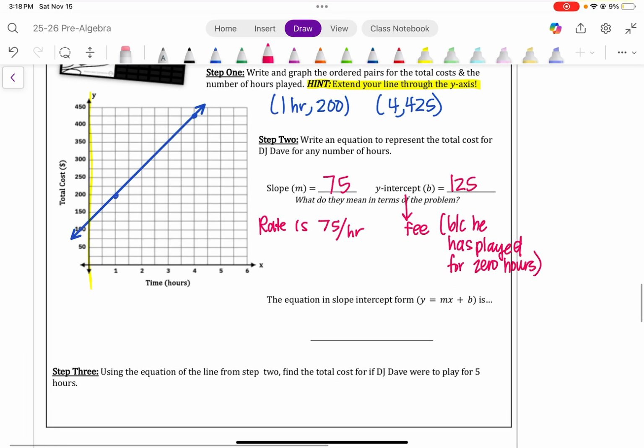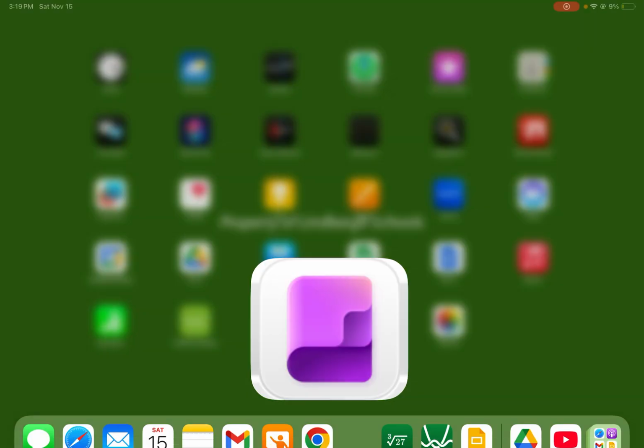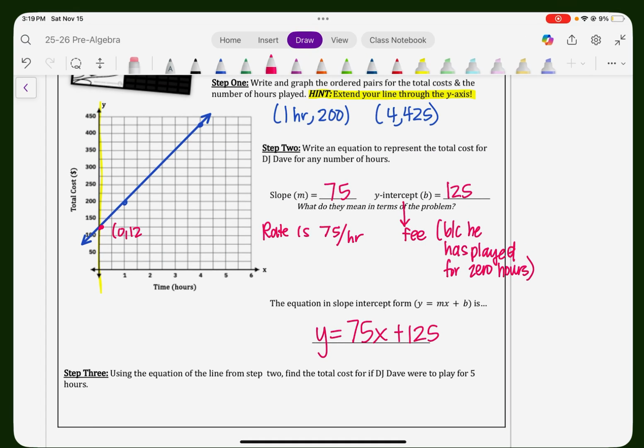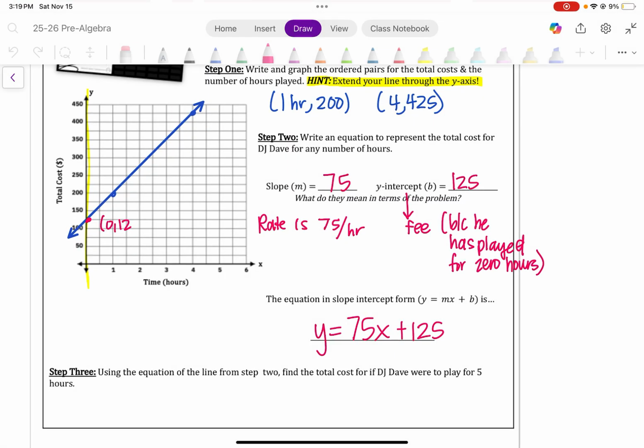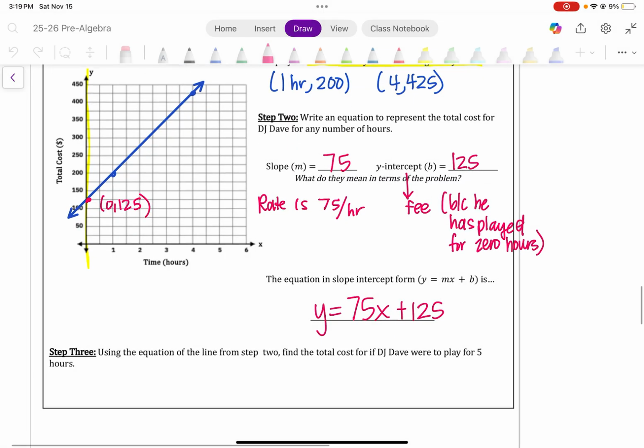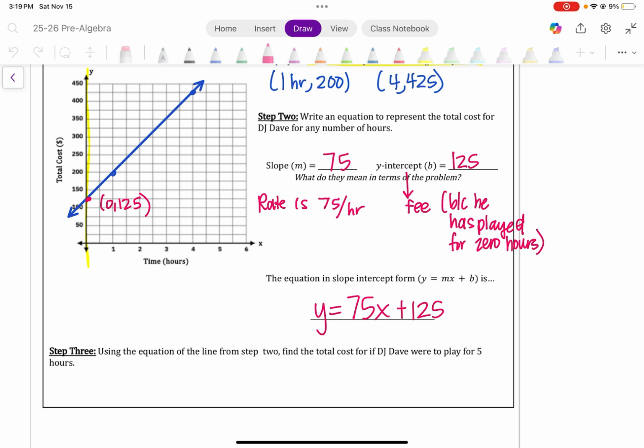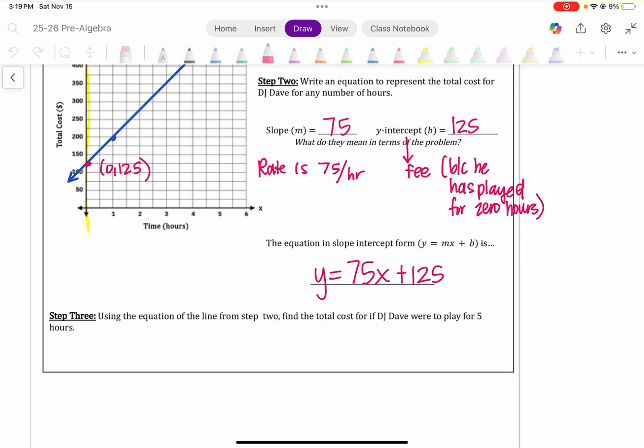Okay, so our equation would be y equals 75x plus 125. And I can see that it's touching at 125 on this graph. Now the last thing wants us to use the equation of the line from step 2 to find the total cost if DJ Dave were to play for 5 hours.